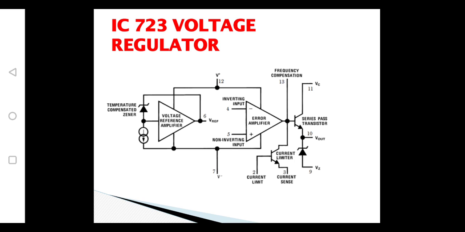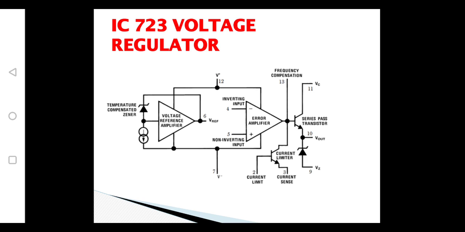One is the Zener and constant current source section, and the other is the error amplifier or reference amplifier, which produces a fixed output voltage. The Zener diode is used to maintain the output voltage constant, and it is forced to operate whenever the input voltage increases beyond a certain value.